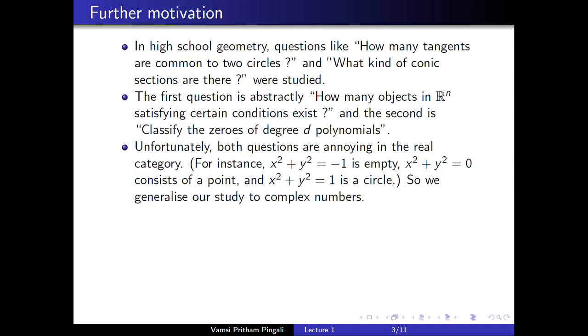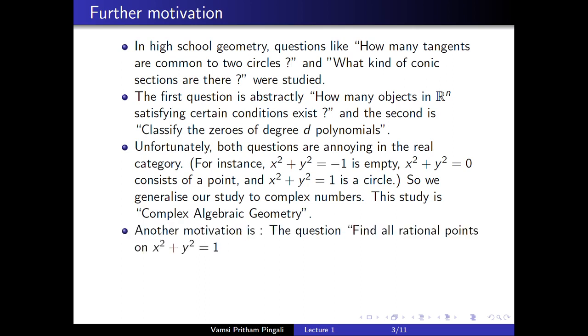Mind you, the subject of the first question, how many objects in Rn satisfying certain conditions, that's called real enumerative geometry, and it's certainly a difficult and a beautiful field, and a lot of work is being done even in the second question, real algebraic geometry. But we won't deal with such questions. Our study is focused on the complex setting, complex algebraic geometry.